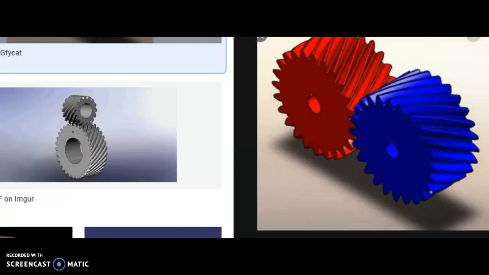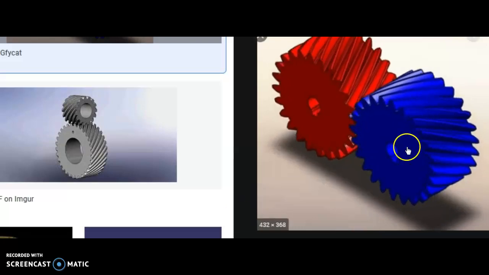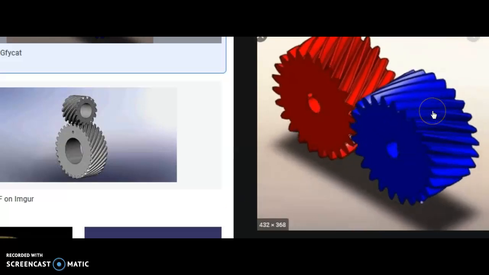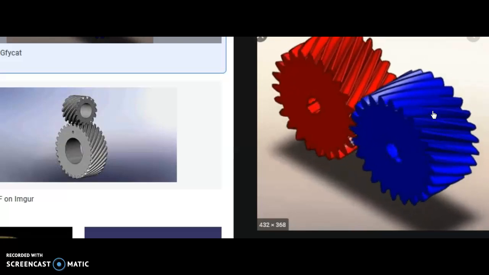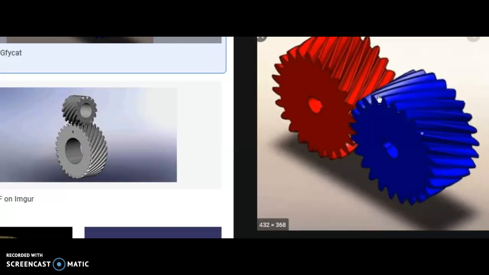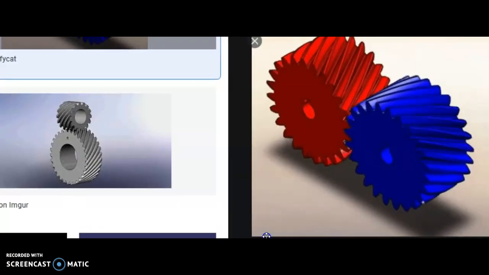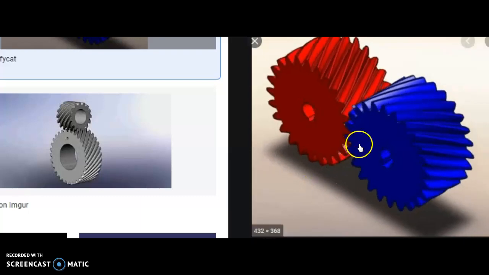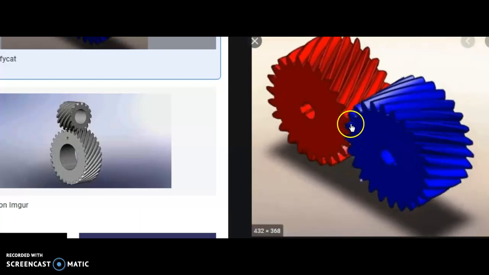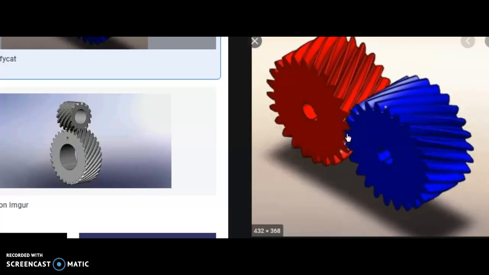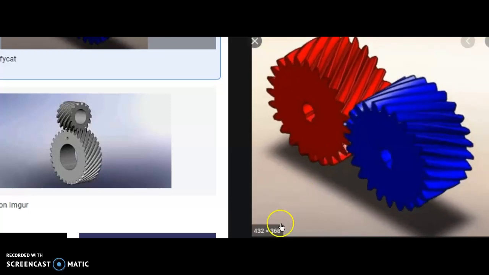The shafts are placed parallel and the teeth are inclined at a small angle. As we can see in the video, the contact of the gears, or the number of mating teeth, is greater in this case than in the spur gear.